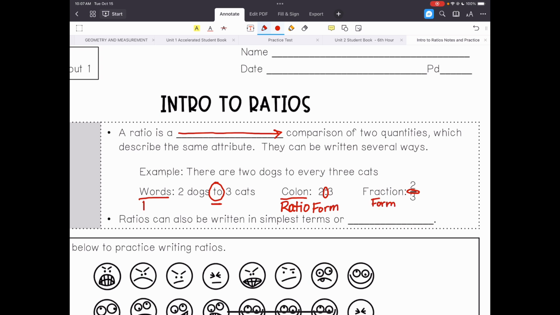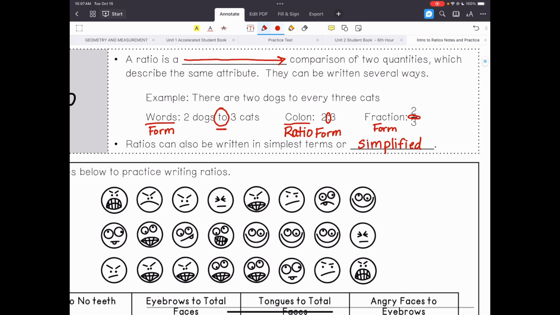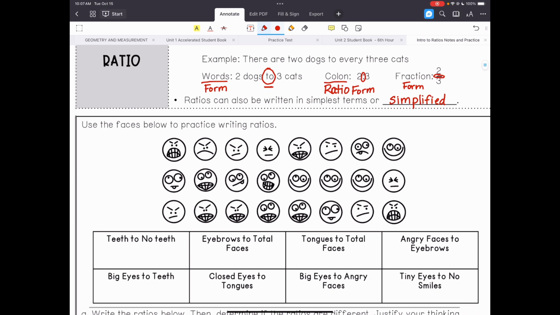Add form under each of these, because those are the 3 different forms that we can write our ratios in. Ratios can also be written in simplest terms or simplified. I've mentioned that a little bit, and we're going to be practicing that in the coming weeks. But simplified means to make the numbers as simple as possible while still maintaining the same ratio. And so we'll talk about that.